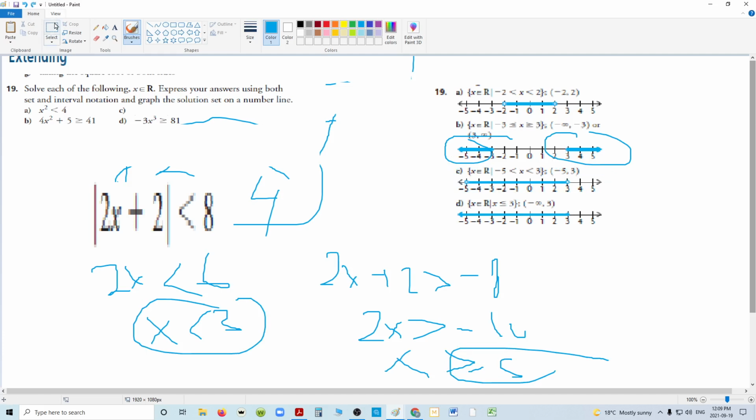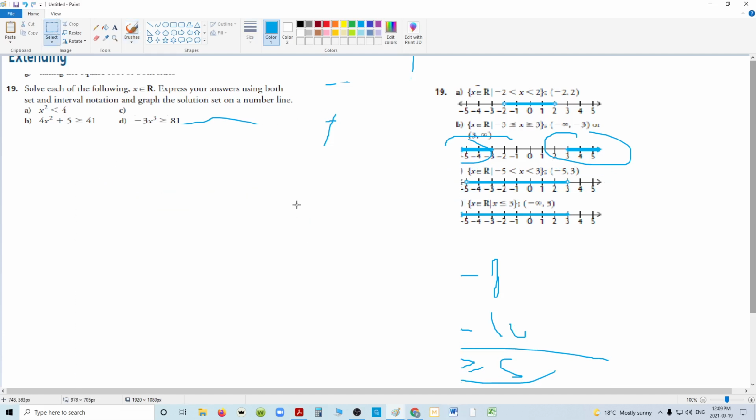And then the last one is the same thing. So you just have to be very good with your numbers. When I divide by -3, I have to switch the sign. And I get minus 27, sorry.